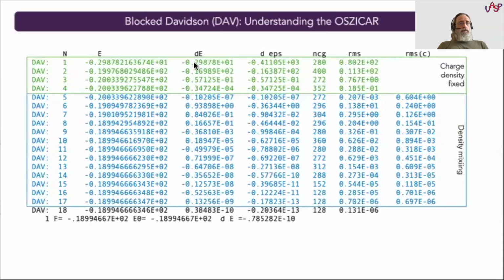So now what do all these numbers mean? Well, first of all, this is the algorithm that is running. So this is Davidson, then the iteration number, then the total energy. It does not necessarily have to go down in the self-consistency cycle. It may go up, may go down. This is the change in the total energy from one step to the next.